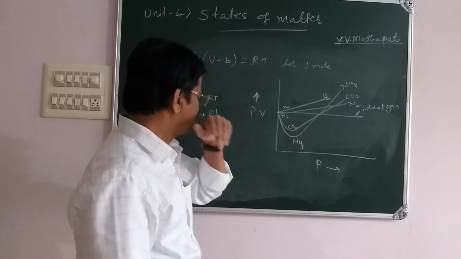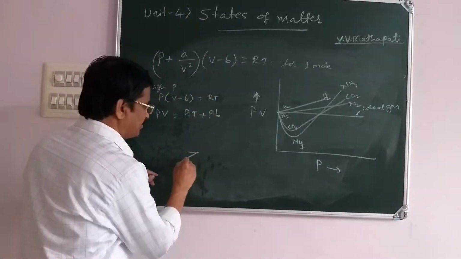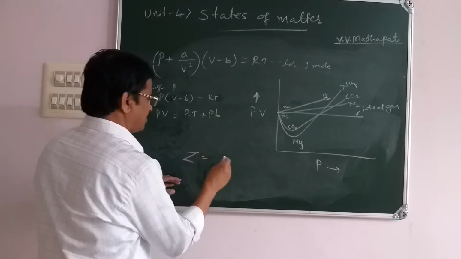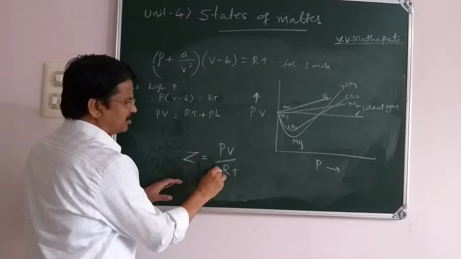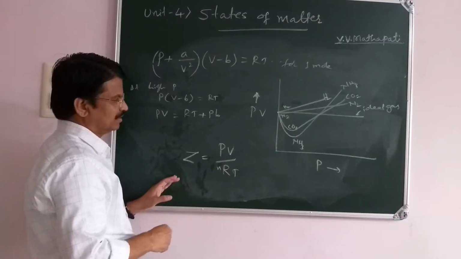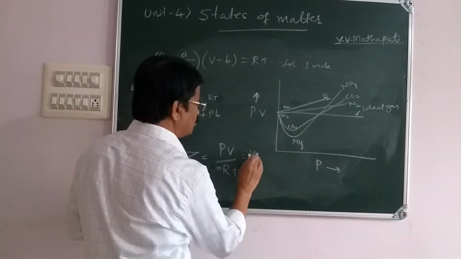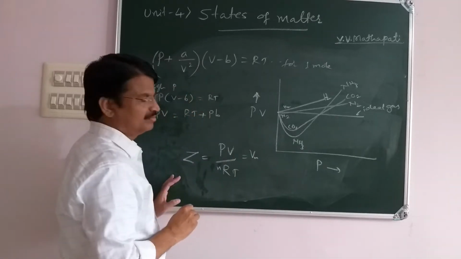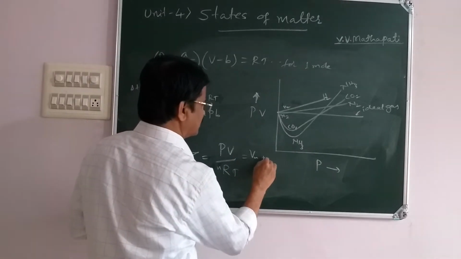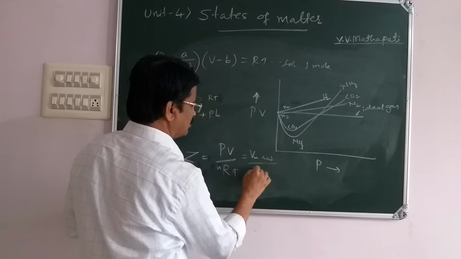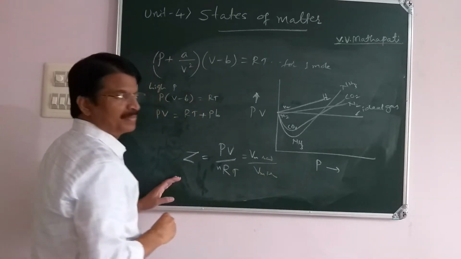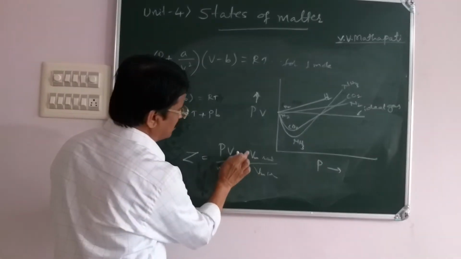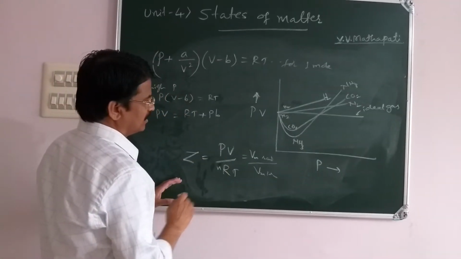And for such gas, the compressibility factor Z equal to PV by RT for 1 mole, PV by nRT for n mole. Okay. And it is the molar volume of real gas by molar volume of ideal gas.